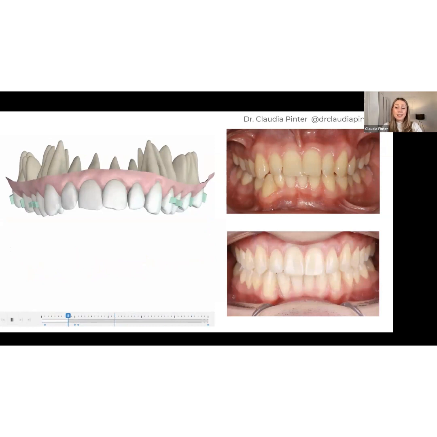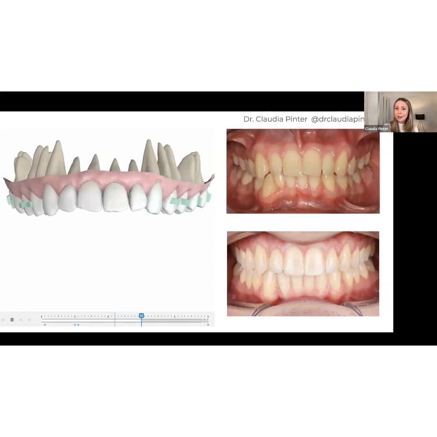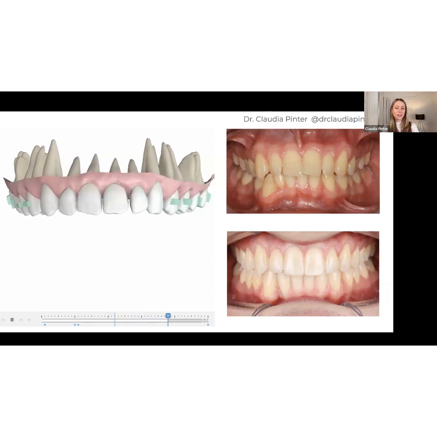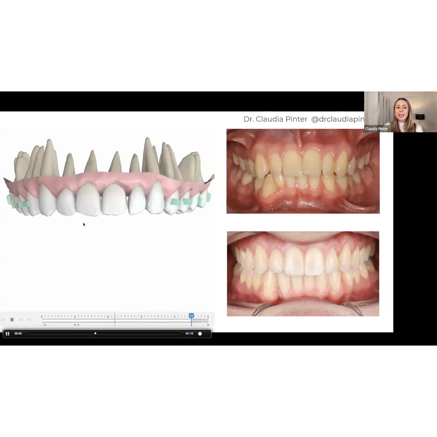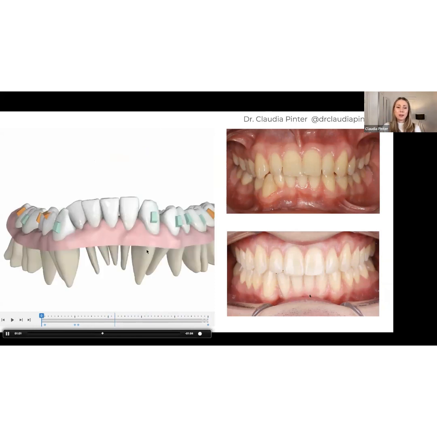Here you can see the after picture, how we were able to create a smile arc. We have the smile width, and we increased incisor display because we did a relative extrusion of upper incisors. And of course, the incisal edges were restored because they were so badly worn, and this was necessary.